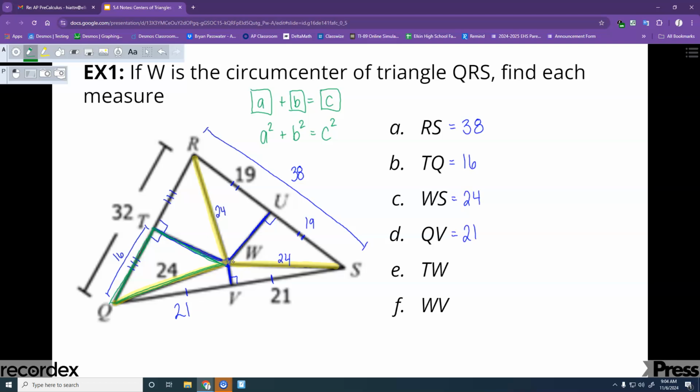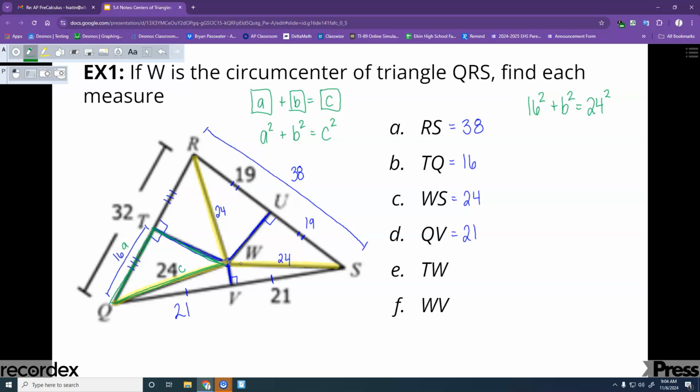But a squared plus b squared equals c squared is your Pythagorean theorem. It works for right triangles. So in this triangle, what side has to be C? The hypotenuse, the longest side. 24. That's your C. Doesn't matter whether you call that 16 your A or your B. So we're going to do 16 squared plus B squared equals 24 squared.